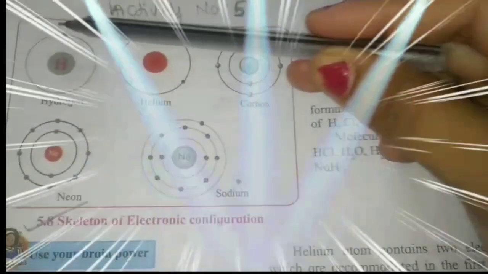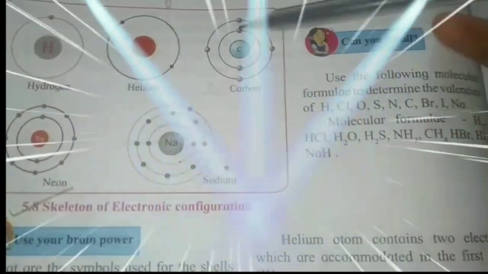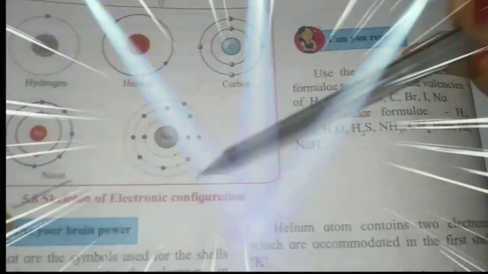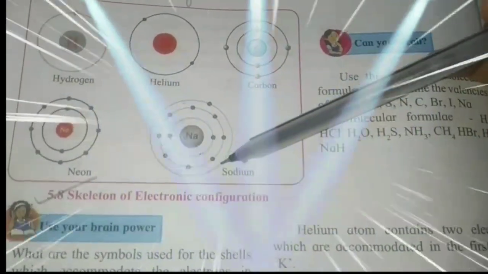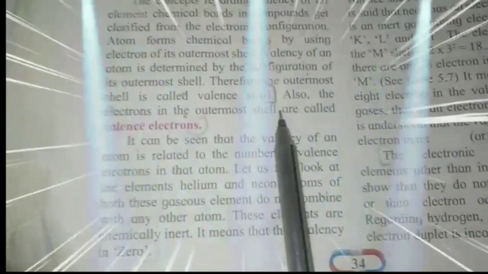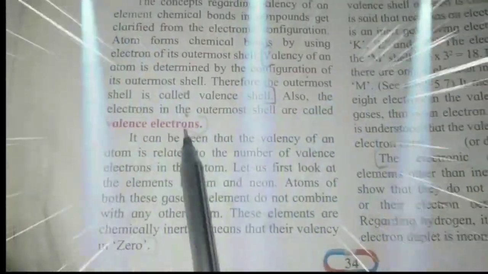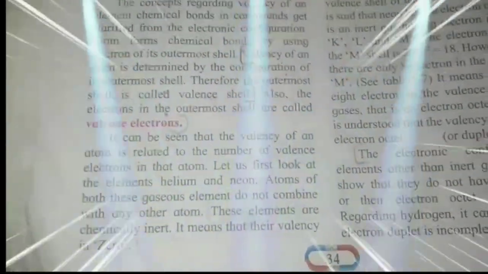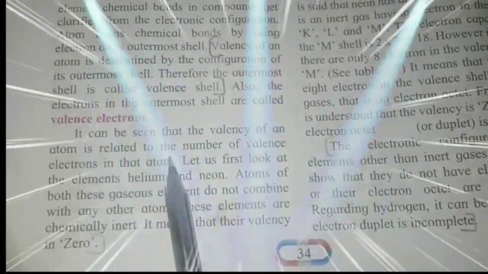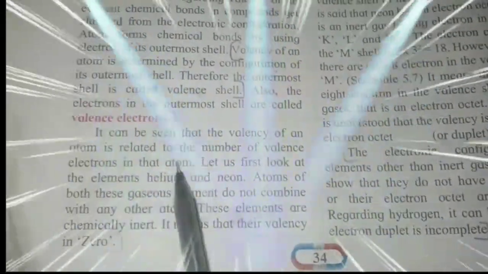Therefore, the outermost shell is called the valence shell. Also, the electrons in the outermost shell are called valence electrons. It can be seen that the valency of an atom is related to the number of valence electrons in that atom.